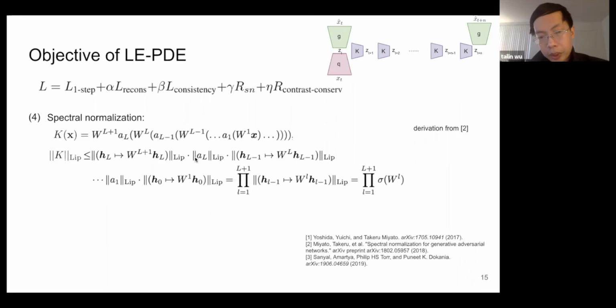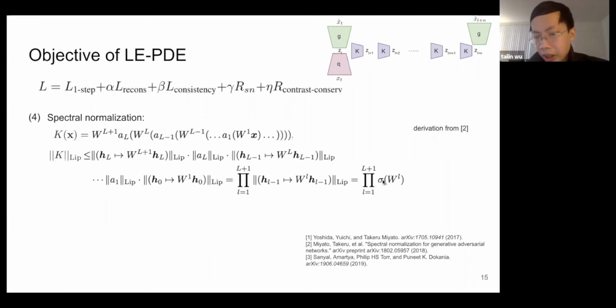Usually we use the ReLU activation or leaky ReLU and so on, which has a bounded Lipschitz constant. Therefore, we can limit this Lipschitz constant by the Lipschitz constant of each of the weights.